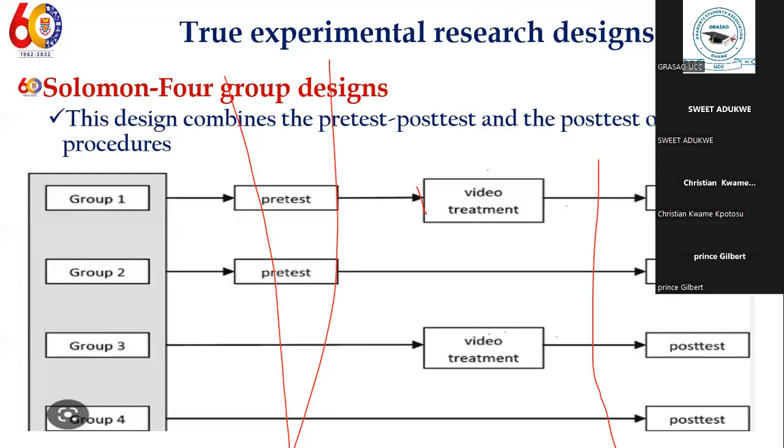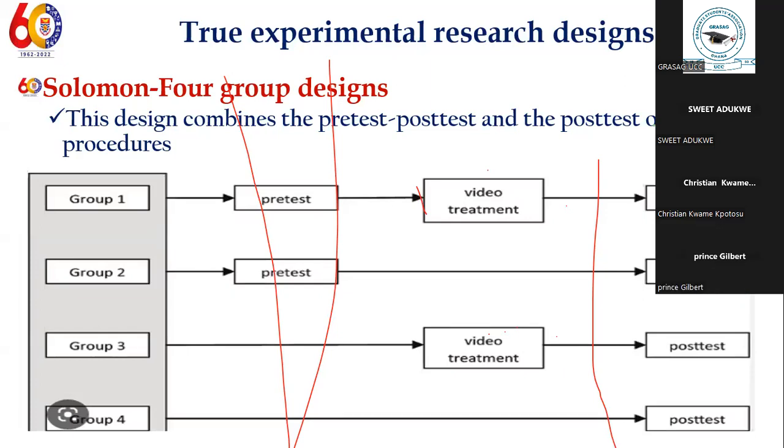So any issue about biases, specifically it's about the biases. And some of these biases are of very much essence to researchers. One, the difference that is occurring in the post behavior of your participant: is it as a result of your treatment, or are there other variables that are affecting your post-intervention behavior?